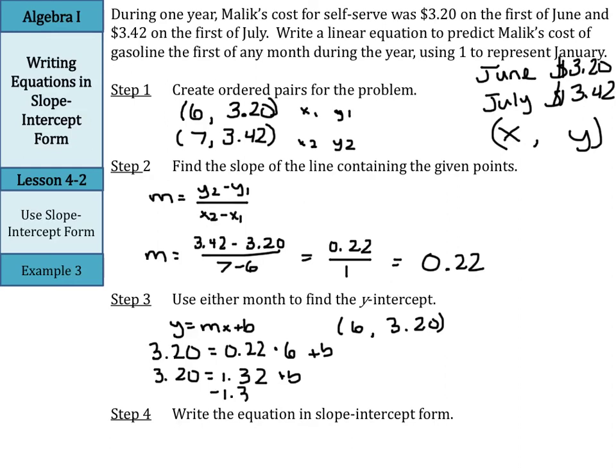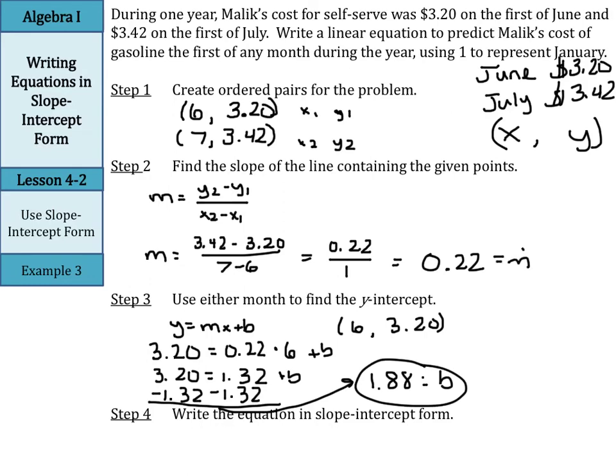Subtract the $1.32 from both sides. And I'll go ahead and write this over here as well. $3.20 minus the $1.32 will get you 1.88 equals b. Now, I have my slope, I have my y-intercept, so I can write the equation of the line in slope-intercept form.